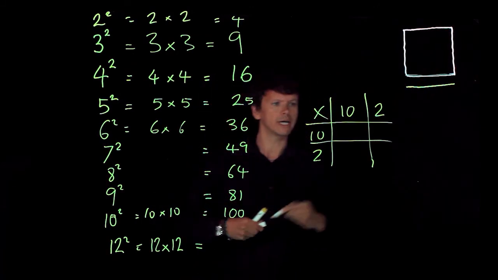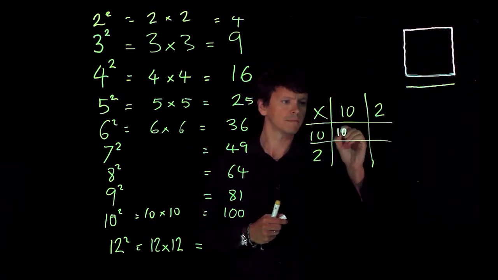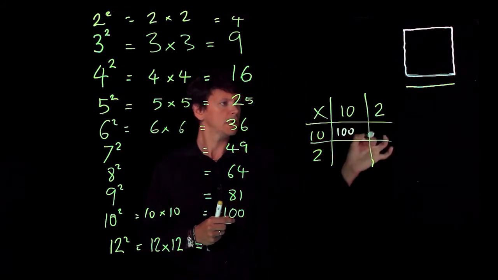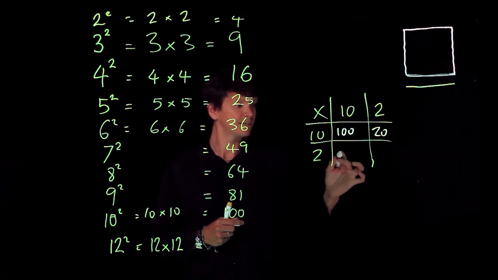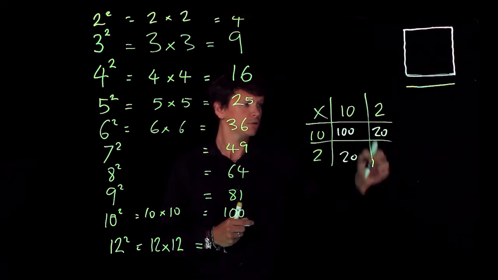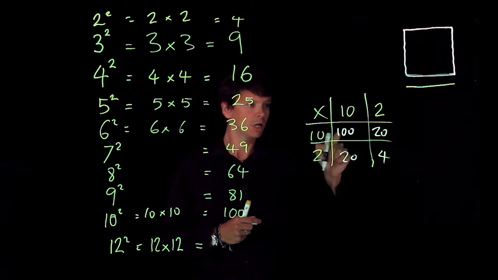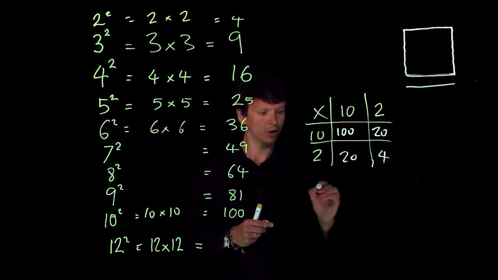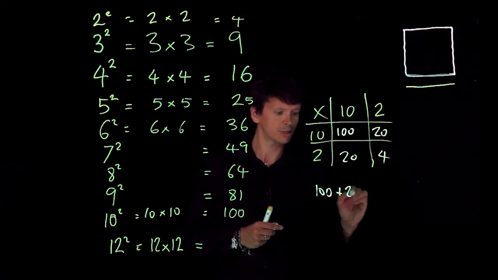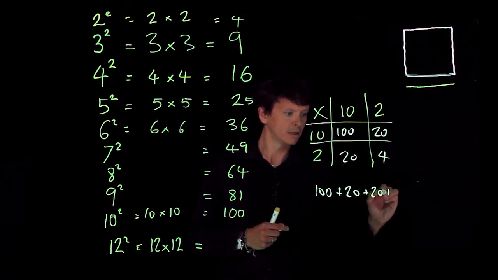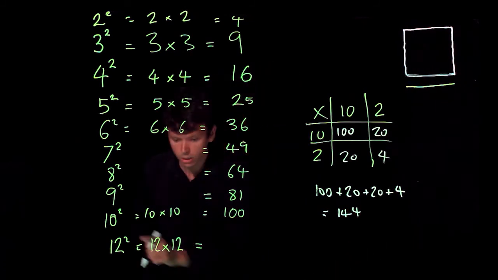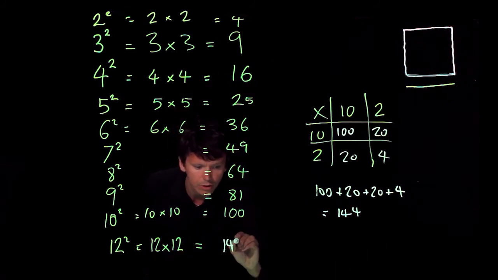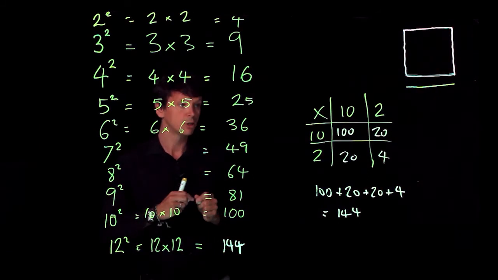So what do we get? 10 times 10, 100. 10 times 2, 20. 2 times 10, 20. 2 times 2 is 4. Let's add up our 4 numbers that we've just worked out. 100 plus 20 plus 20 plus 4 equals 144. 12 squared, 144. And that's how we work out square numbers.